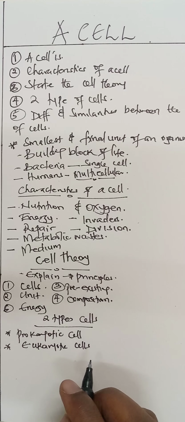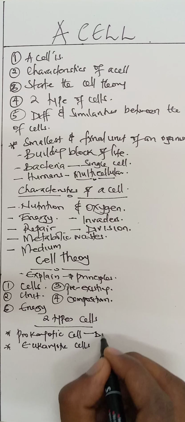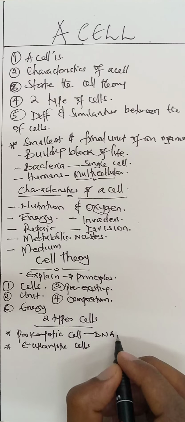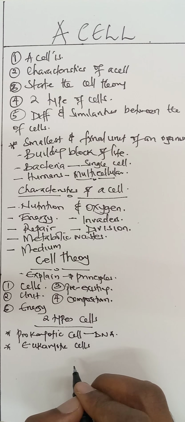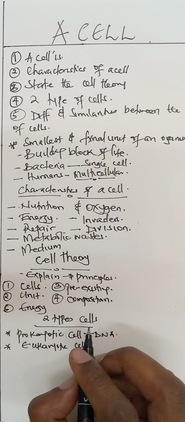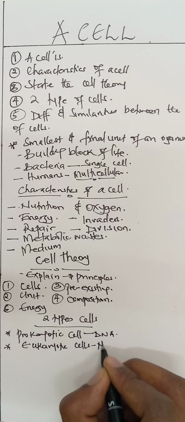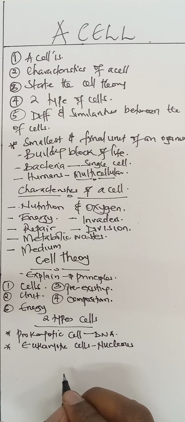Prokaryotic cells are cells whose DNA is not aggregated within a well-defined nucleus surrounded by a membranous nuclear envelope. Those are prokaryotes. Eukaryotes are cells with a membrane-enveloped nucleus. So that is a eukaryotic cell.